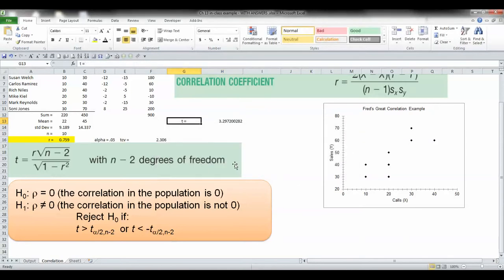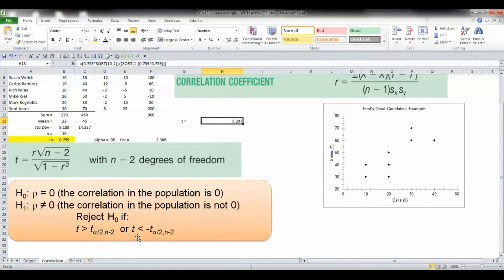And looks like they put in the correction for us for a missed parenthesis that I did. And we get 3.297, lots of numbers after that, but we'll cut it a little bit shorter. In this case, we see that our test statistic is greater than our positive t critical value.